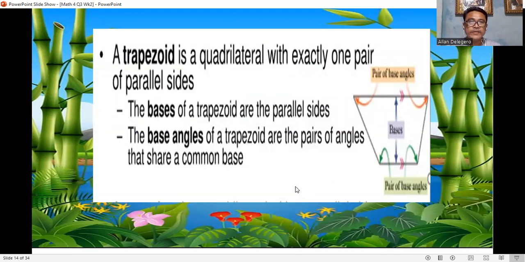A trapezoid is a quadrilateral with exactly one pair of parallel sides. The bases of a trapezoid are the parallel sides, base 1 and base 2. The base angles of a trapezoid are the pairs of angles that share a common base.